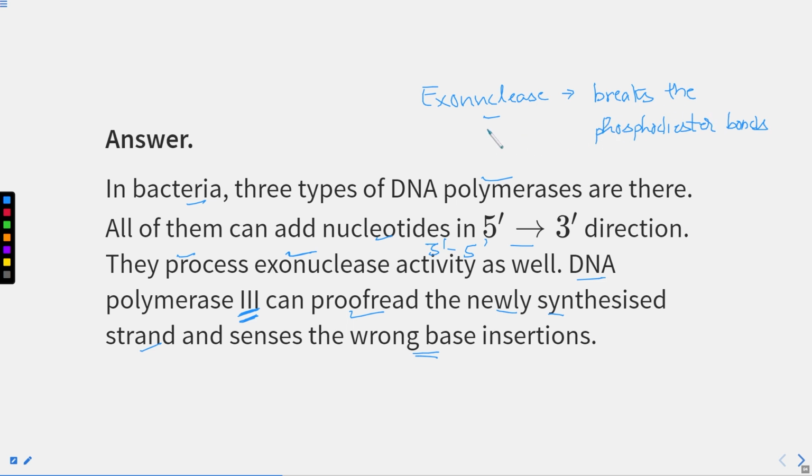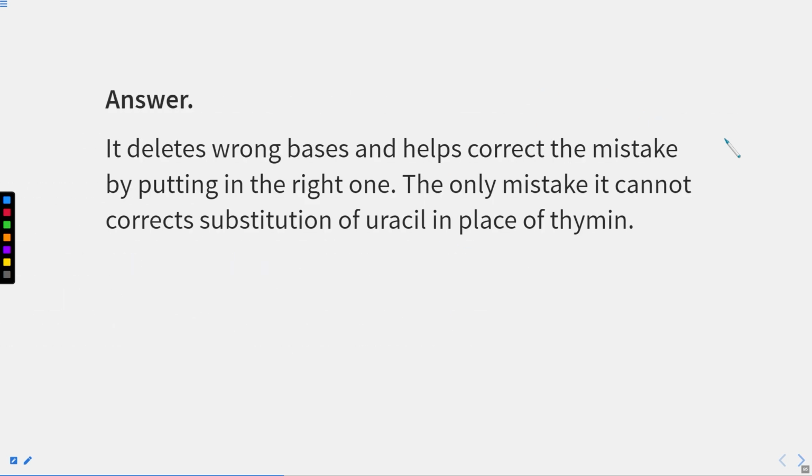As soon as the phosphodiester bond is broken, the wrong nucleotide is replaced by the right nucleotide. So this polymerase deletes the wrong bases and helps correct the mistake by putting the right nucleotide.